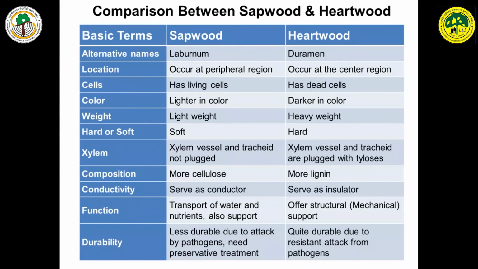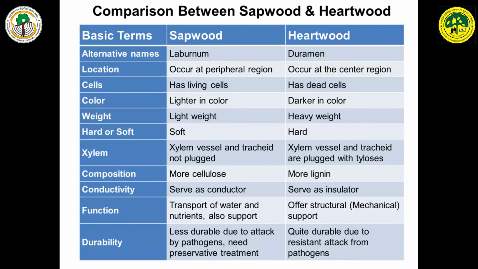Conductivity: sapwood is a better conductor of electricity, because it contains more water, and water is a conductor of electricity, so sapwood is more conductive compared to heartwood, which behaves like an insulator.